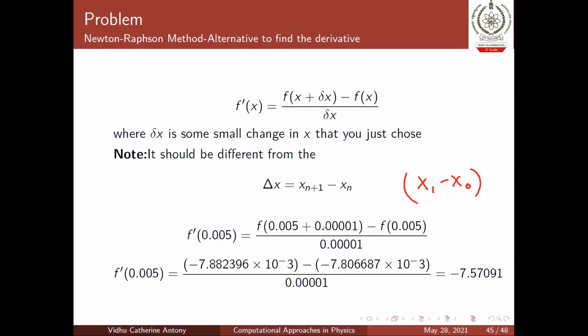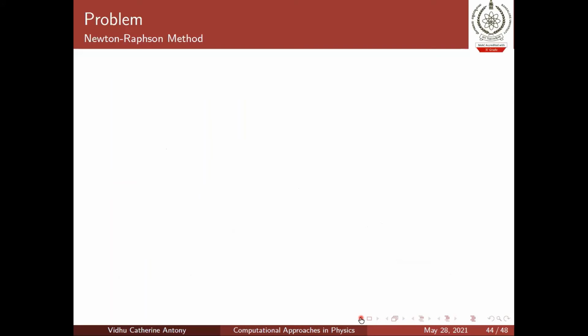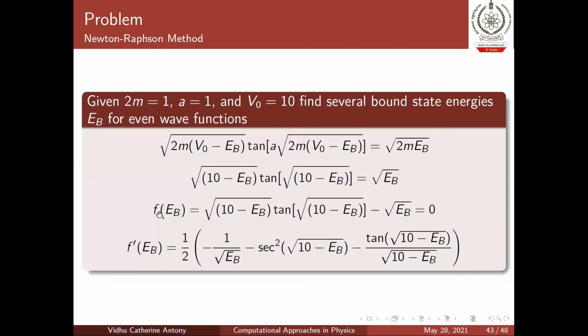Let's assume that the value that you have for delta x is 0.0001. If you assume a very, very small value, then all you have to do is apply this to the function that you had earlier. You don't have to calculate the derivative.